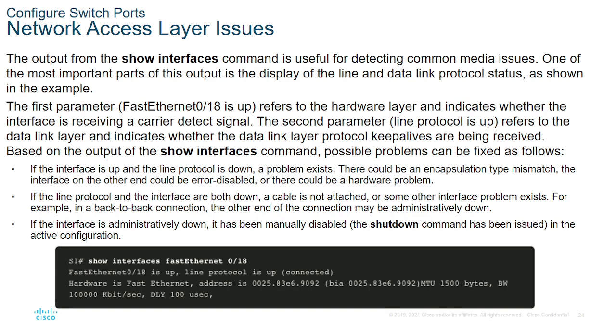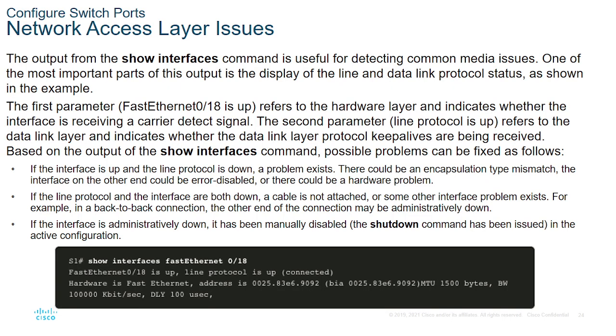If the interface is up and the line protocol is down, a problem exists. There could be an encapsulation type mismatch, an interface error on the other end, or the other end could be error disabled, which could be a hardware problem. If the line protocol and the interface are both down, it means there's no cable attached.